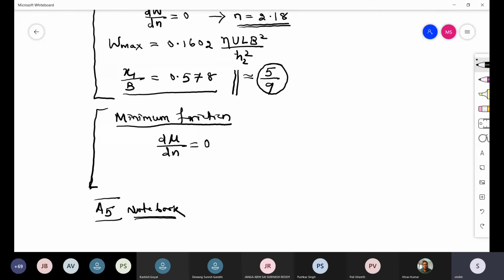Put your roll number, name, everything on the top, and start doing all these. This should be A5, not more than A5 size, and it should have maximum 30 pages, not more than that, also that small.